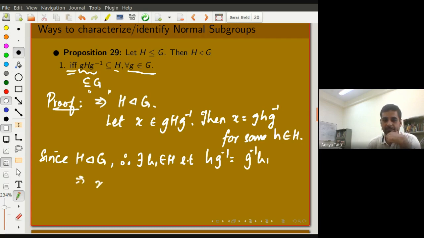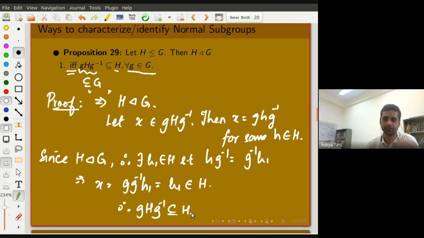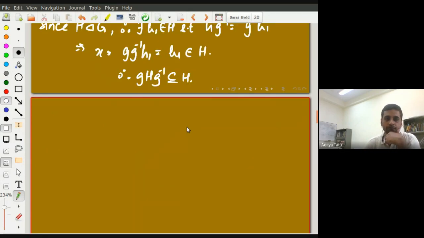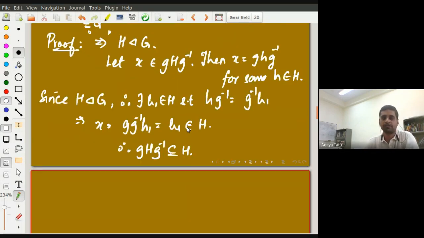That implies x is equal to g g inverse h1, which is equal to h1, and h1 is an element of H. Therefore, gHg inverse is a subset of H. Right? I hope the proof is clear.